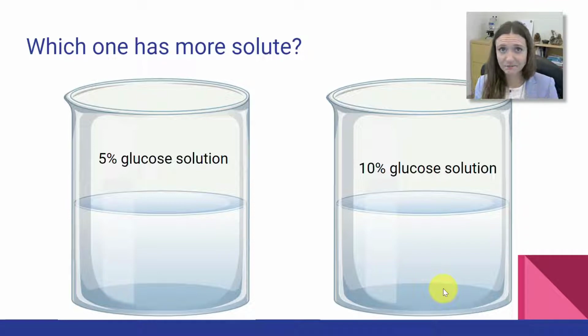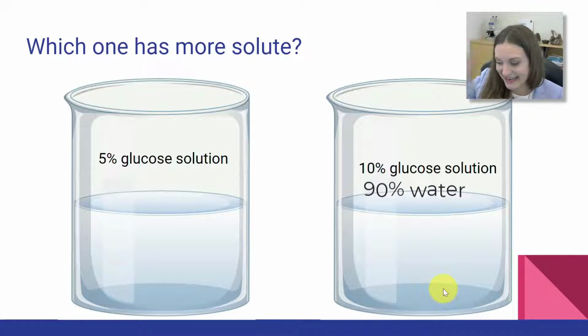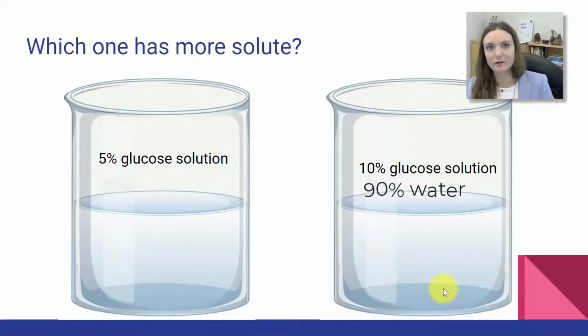Okay. You're like, okay, Holly, we get it. Move on. Why are we doing this? So, in these solutions, we're assuming that there's a solute and then the rest of it is water to get to 100%. So if there's a 10% glucose solution, 90% of that solution is made up of water.